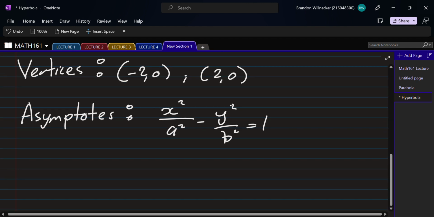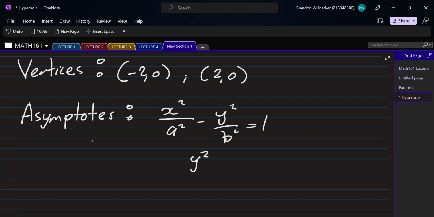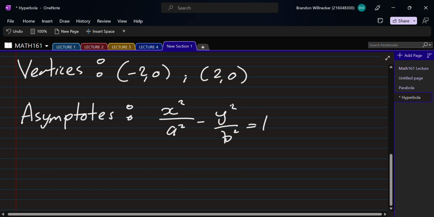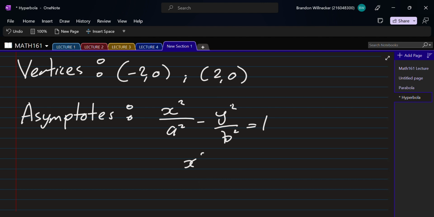So how do we find it? Quick rearranging to solve for y. Let's just do it a bit slower. We have x squared over a squared is equal to 1 plus y squared over b squared.